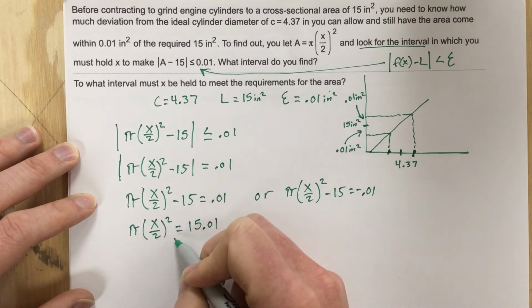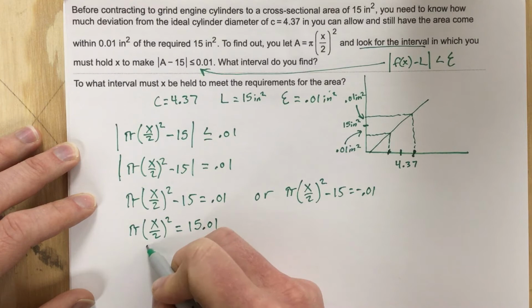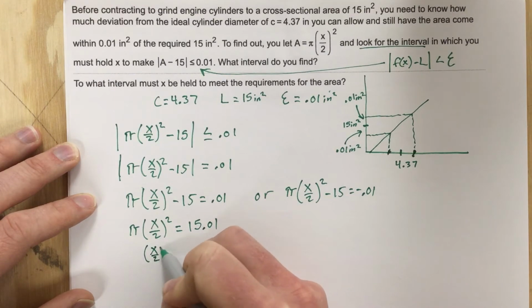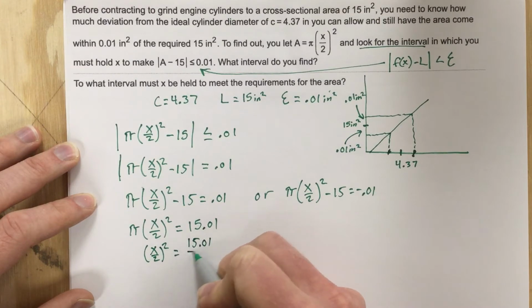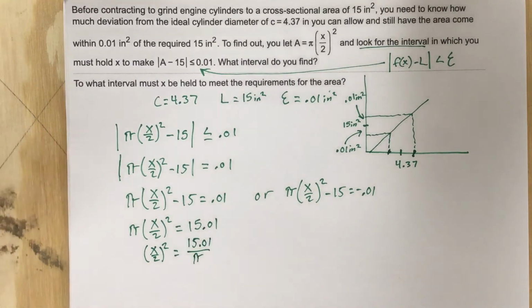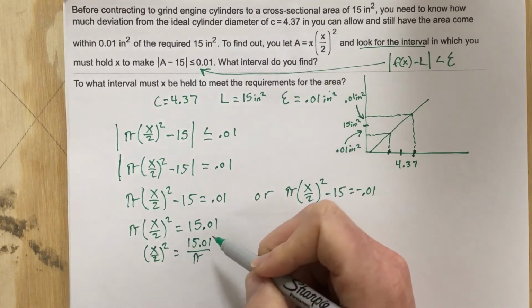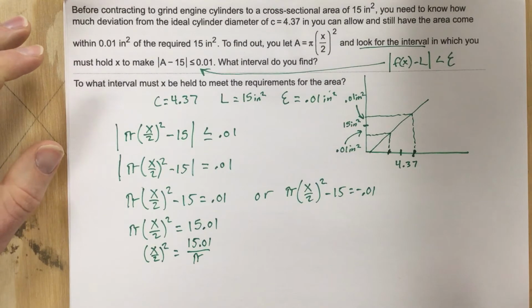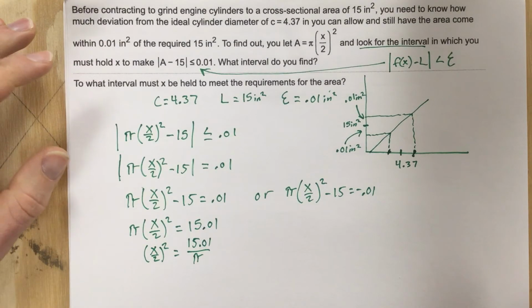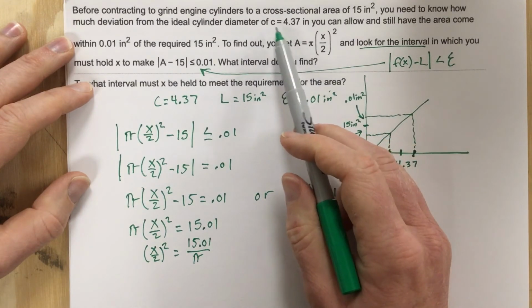Now divide by pi on each side. I'm just going to write out the steps without writing out the division. So I have 15.01 over pi. I'm going to square root each side. When you square root each side, we can essentially ignore the negative values because in this case we're talking about diameters.